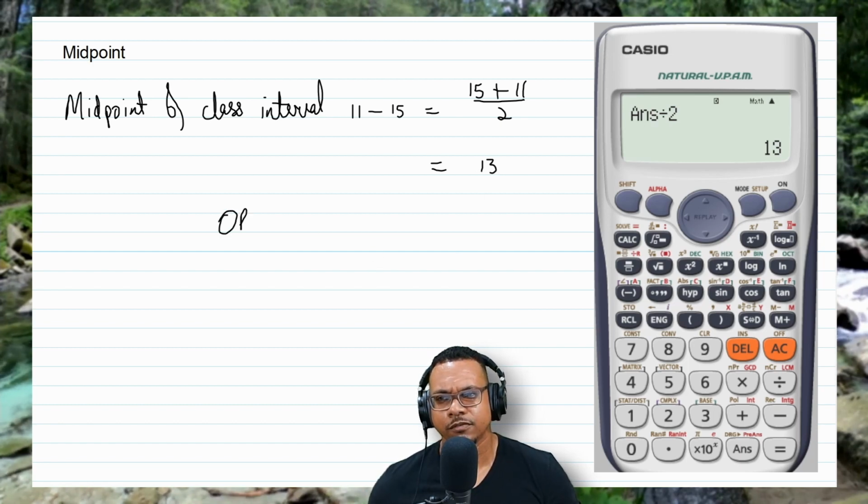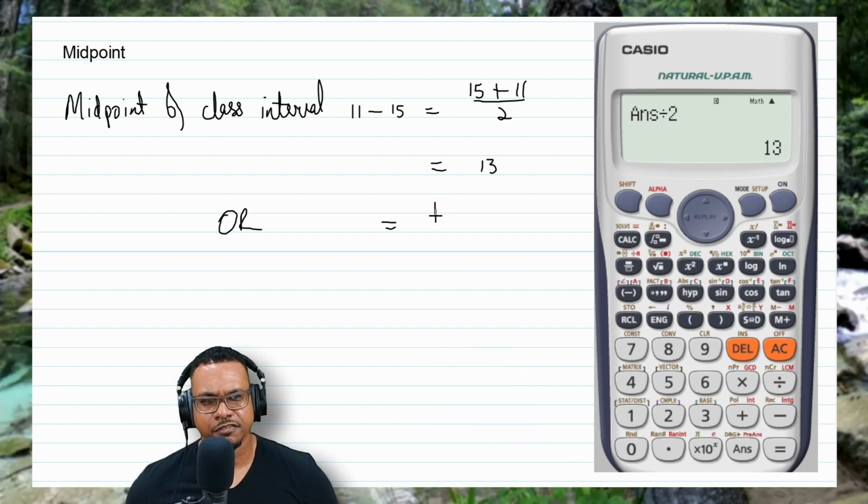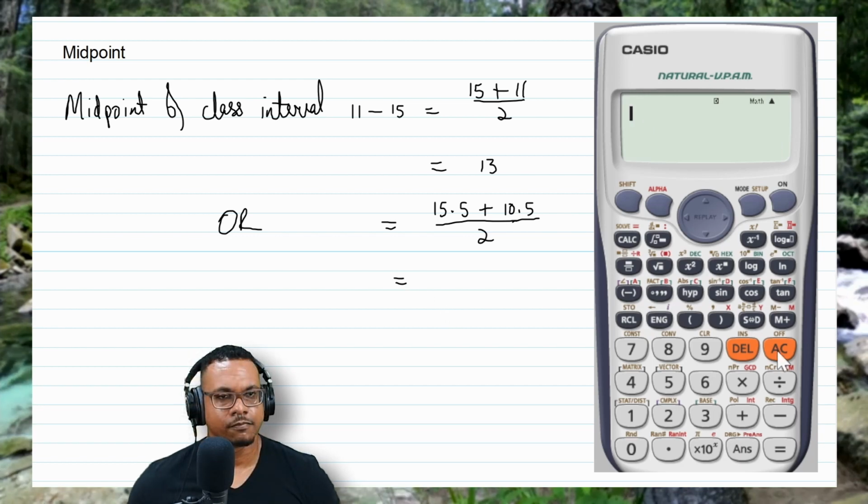Now let's put or. We could say the upper class boundary, which would be 15.5, which is 0.5 more than the upper class limit, plus the lower class boundary, which would be 0.5 less than the lower class limit, so that'd be 10.5. Right, 0.5 less than 11, 10.5. And now we divide that by 2. Let's see what we get. So I'm going to put in 15.5 plus 10.5 press equal, and then divide by 2.